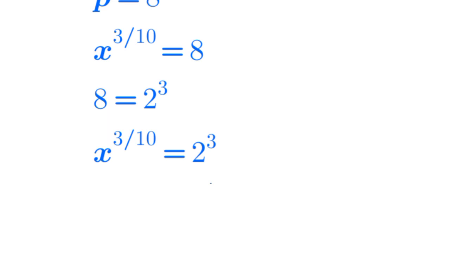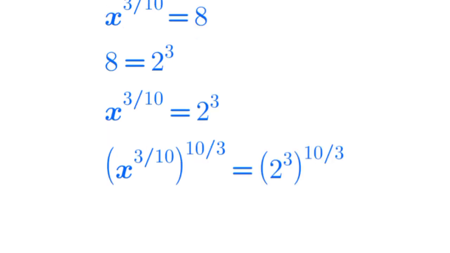So we have (x^(3/10))^(10/3) equals (2^3)^(10/3). Now as we did on the other side, our 3/10 multiplied by 10/3 is going to give us 30/30, which after dividing will be left with 1.